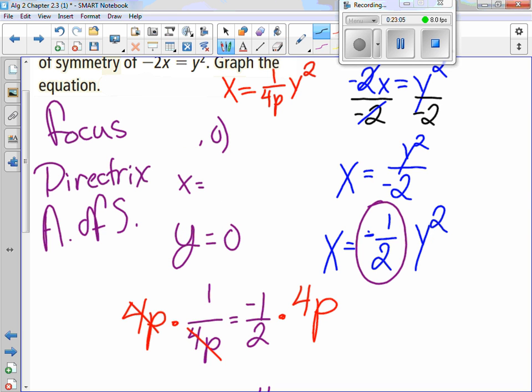So the value of p for this here is negative 1/2, so we have the focus be negative 1/2 comma 0. And our directrix is going to be x is equal to negative p, which would just be positive 1/2, because a negative and a negative will make a positive.